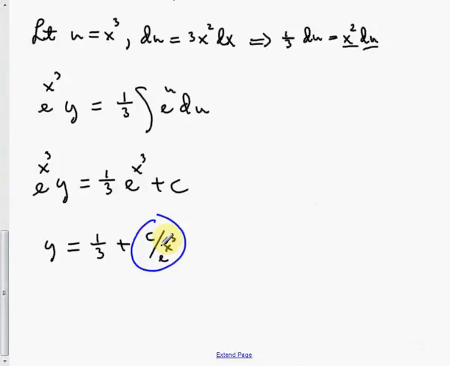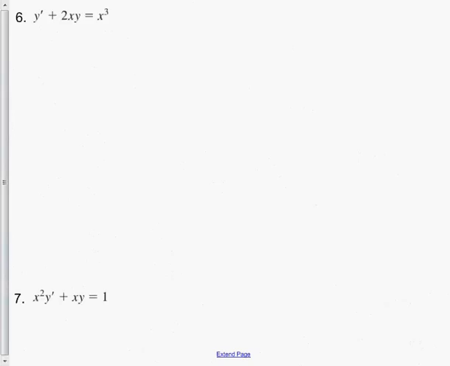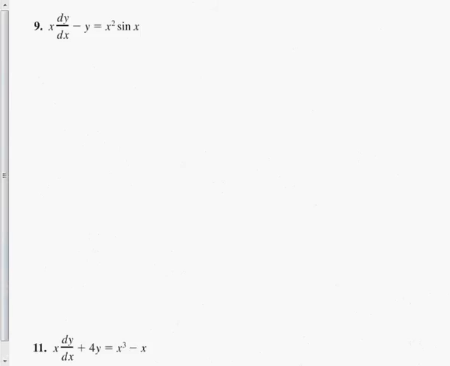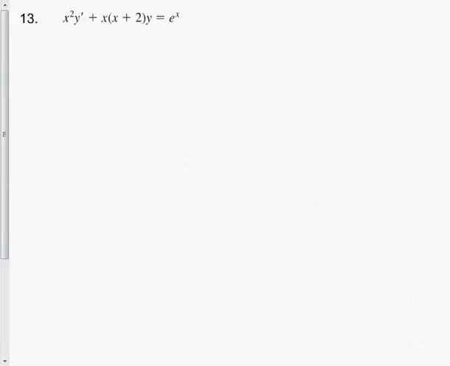Okay. Any questions there? All right. So you got those problems. I want to work one of those with the sine function in there.